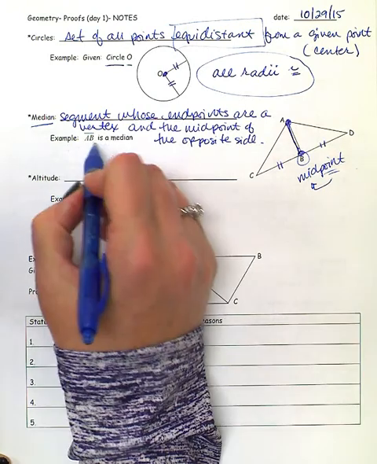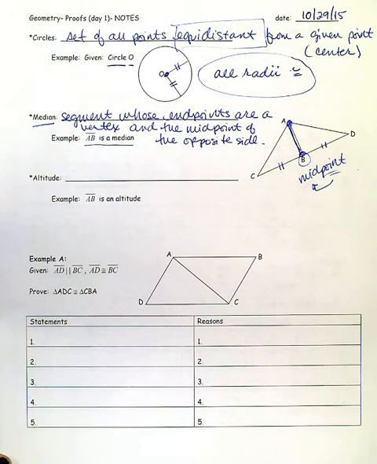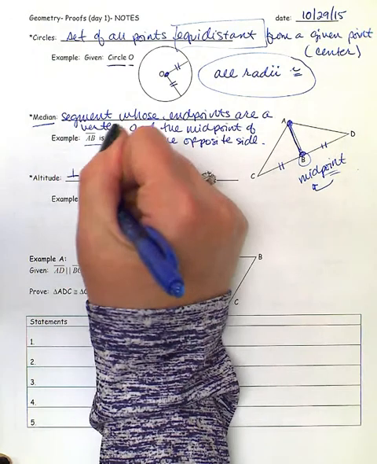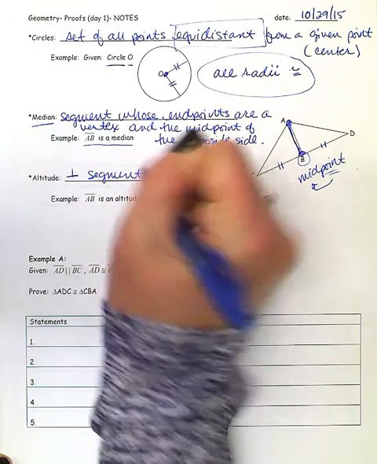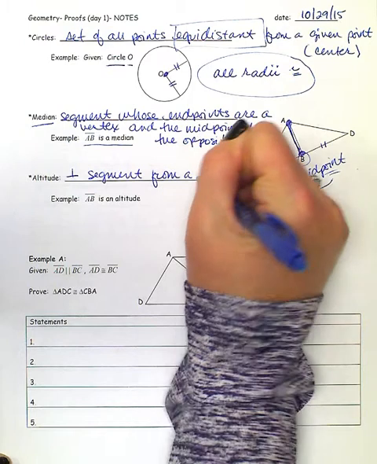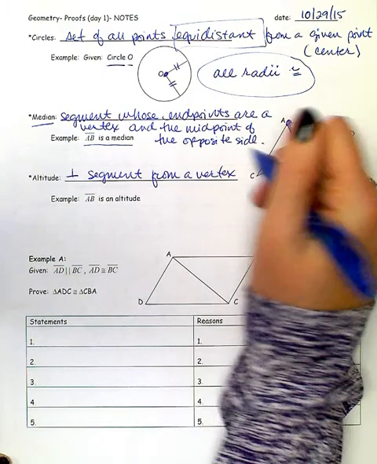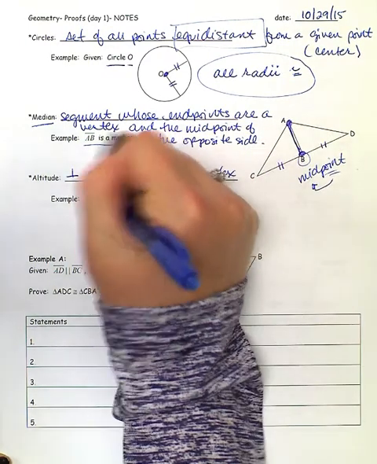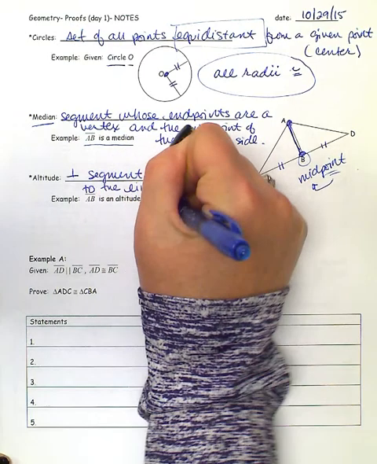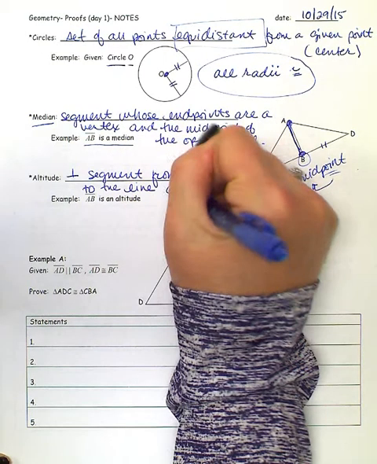AB is a median. An altitude is a perpendicular segment from a vertex to the line containing the opposite side.